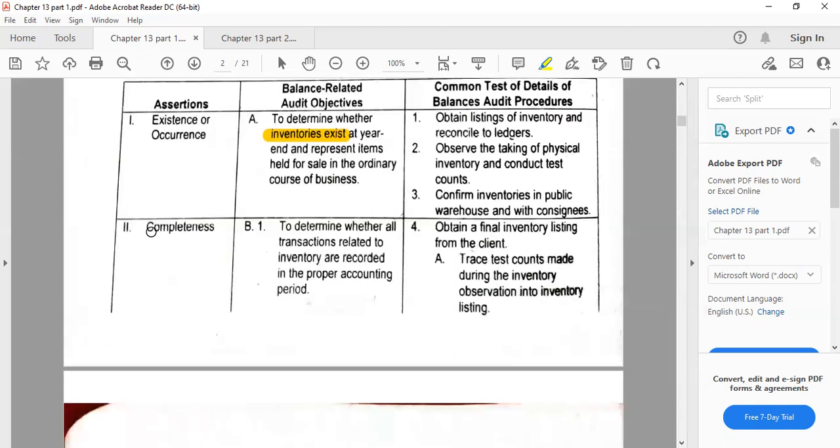The second assertion is completeness. Our objective is to determine whether all transactions related to inventory are recorded in the proper accounting period.